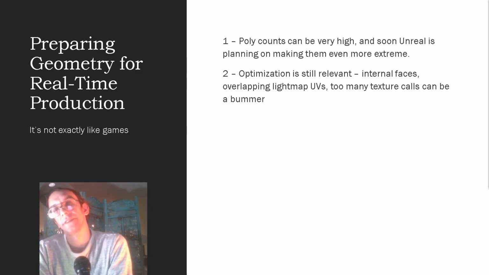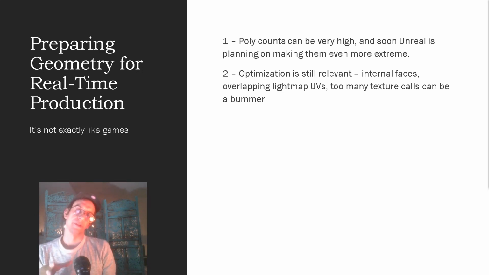So internal faces and overlapping light map UVs can both contribute to things looking weird, even if they're not running worse, right? The internal faces can sometimes cause some funny flashing at edges, and overlapping light maps, everybody's seen it. And then additionally, calling too many textures.